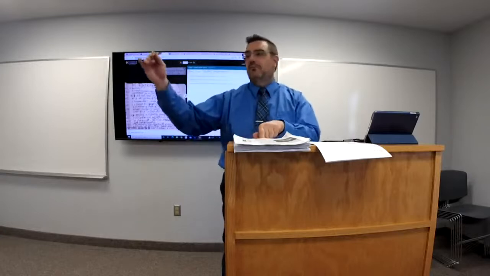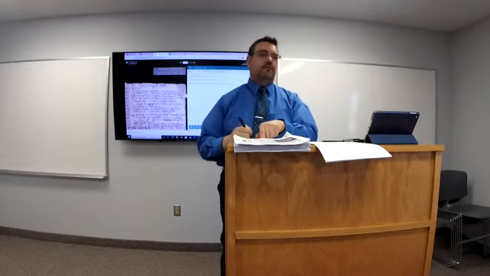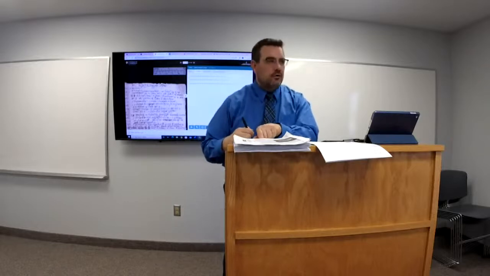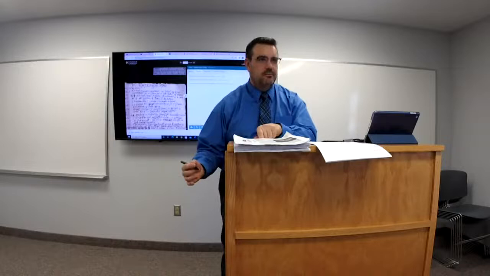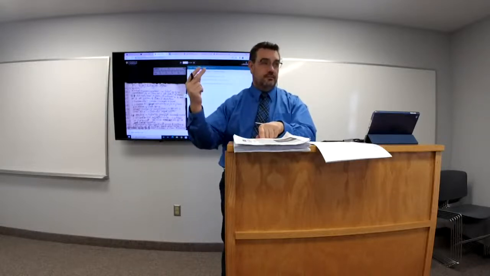You'll find out that both Boyce and Ward are commenting on the same thing from the same source, which is Casaubon, indicating that Boyce and Ward had talked to each other.